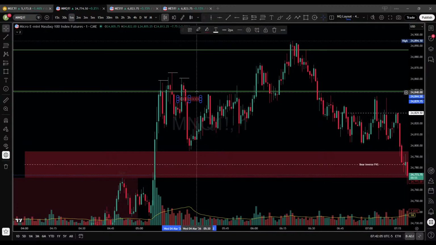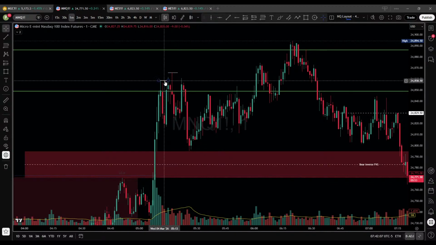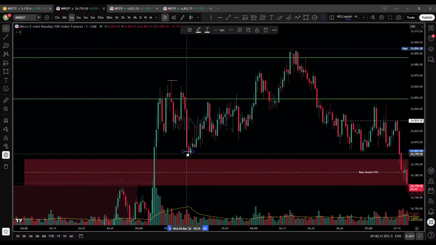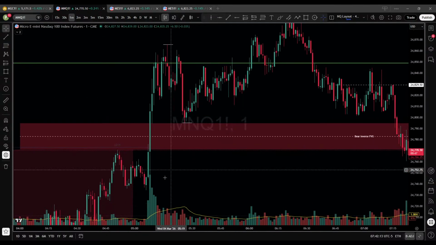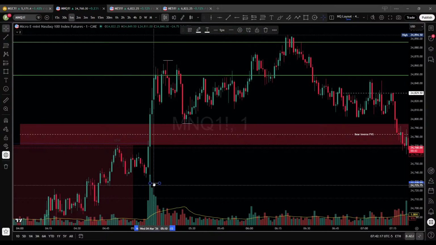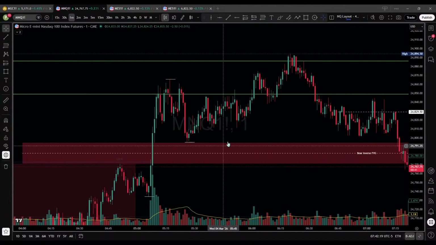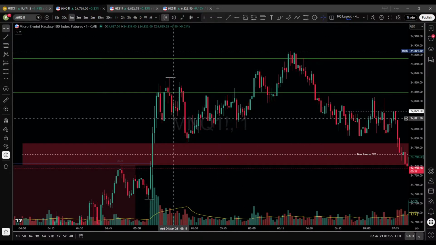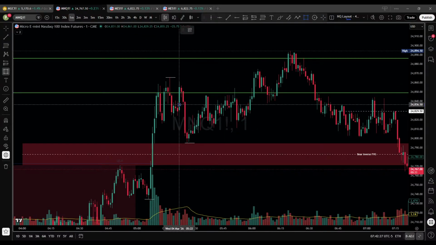Now understand this part. Okay, now this is the low, which is the swing low. What is the swing low here? It's right up here. Once you have a draw on liquidity, you'll understand this thing.